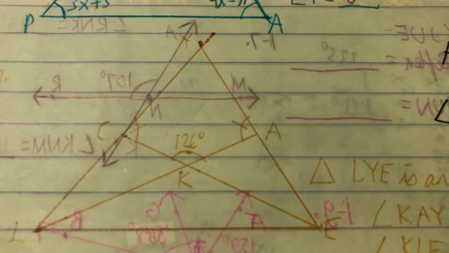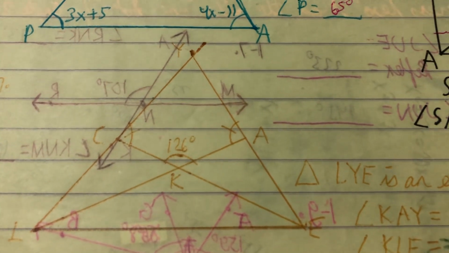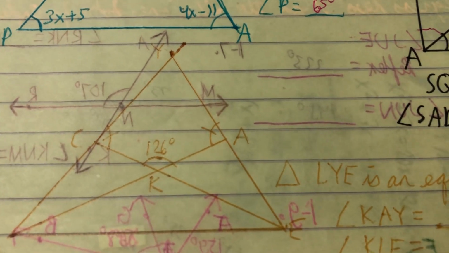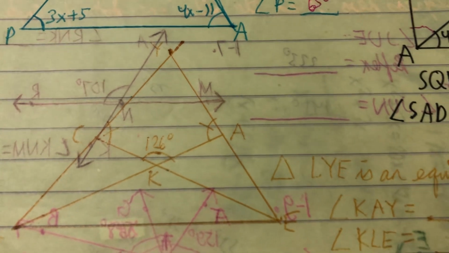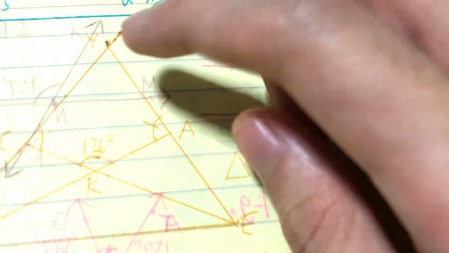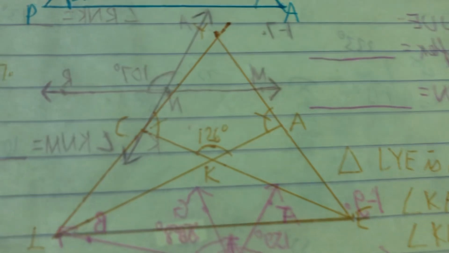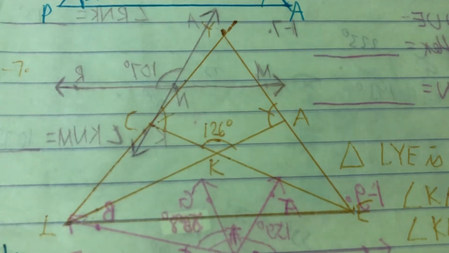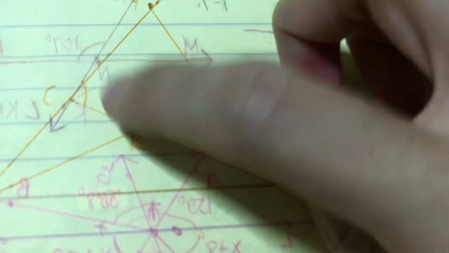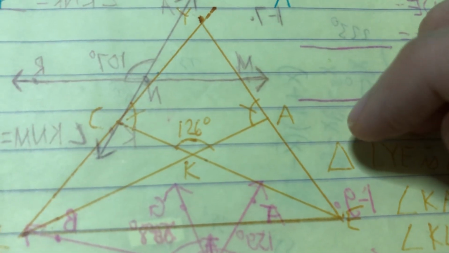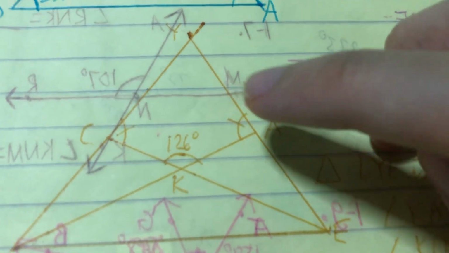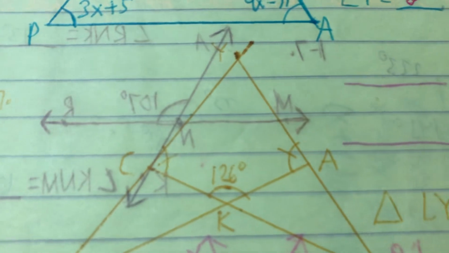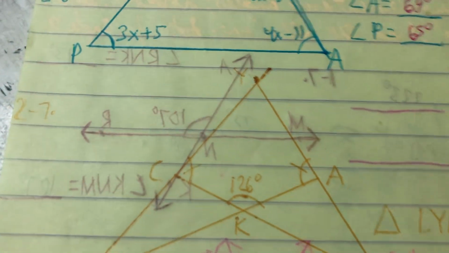Okay? So this is what will happen. First, remember, in this triangle, look, we have a pair of vertical angles here. So when we have vertical angles, you already know that angle K must also measure 126 degrees. And then you can apply the concept of vertical angles just like what we did in the previous problems, right?